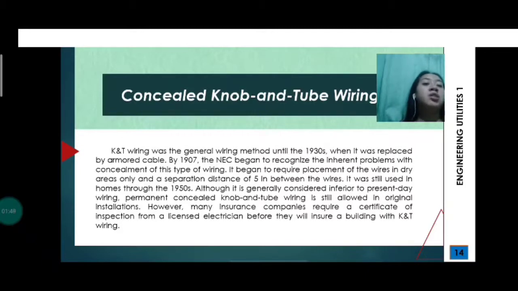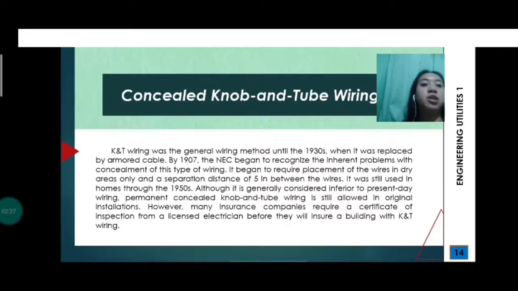So in 1907, they found a problem in the concealment in this type of wiring daw. But the concealed knob and tube wiring is still used at home until 1950s. But the insurance company required a certificate of inspection from a licensed electrician before they will insure a building with KT wiring.